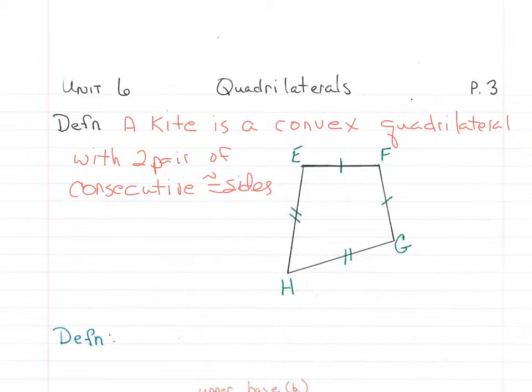Notice here side EF and side FG are congruent, and they are consecutive or adjacent. You could say adjacent. And then side EH is congruent to side HG.